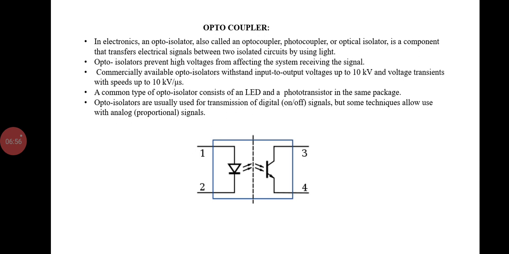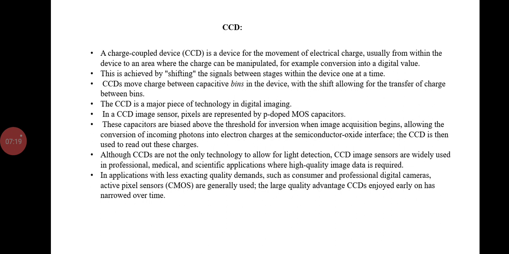The sensor can be a phototransistor, photodiode, photoresistor, a silicon controlled rectifier, or a triac. An optocoupler solid state relay contains an optocoupler which provides a power switch, usually a complementary pair of MOSFETs. And the next one is the CCD, that is, the charge coupled device.